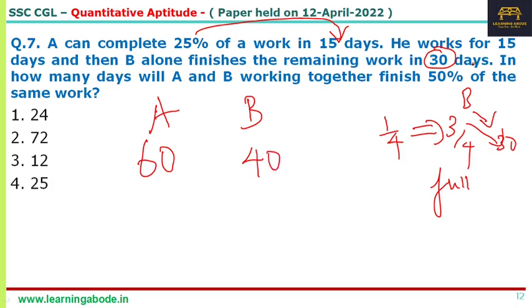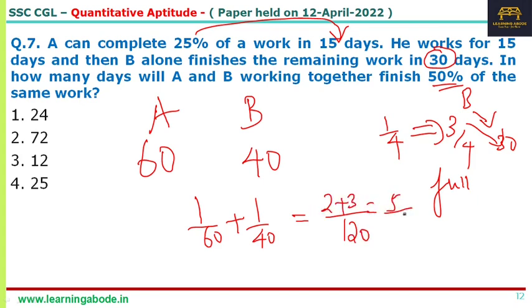Now the question is, in how many days together they will finish 50% of the total work. A alone will complete the task in 60 days, B alone in 40 days. So I'll take the rate of work, or one day's work, with 120 as the common denominator. This is 2 plus 3, 5 by 120, which is 1 by 24.